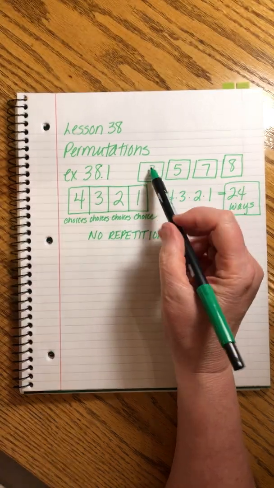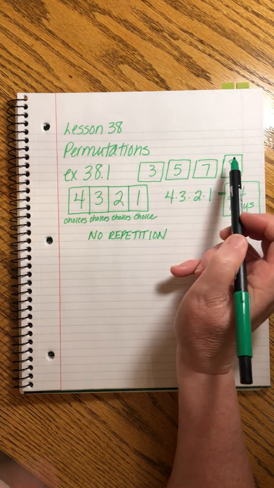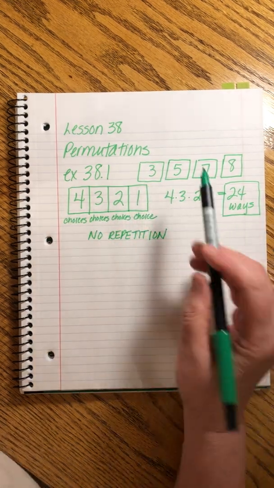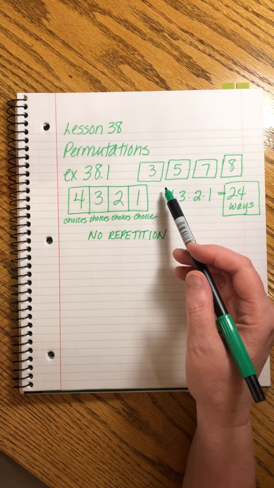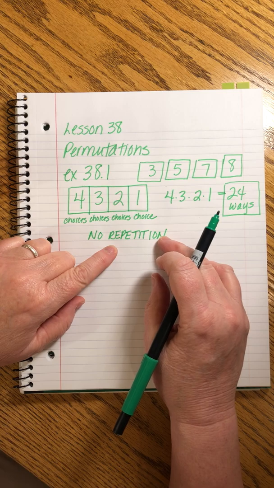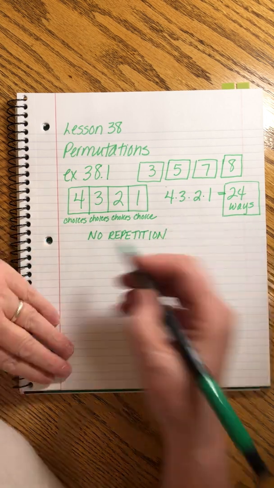We did not have an endless stack of tiles with 3s on it, or 5s or 7s or 8s, so we couldn't create the number 3333, for example, or 5555. We couldn't repeat any of them. In these problems, John is going to play back and forth with that idea of, are we allowed to repeat the elements or not? I think we played with that last year, but we'll play with it more this year.